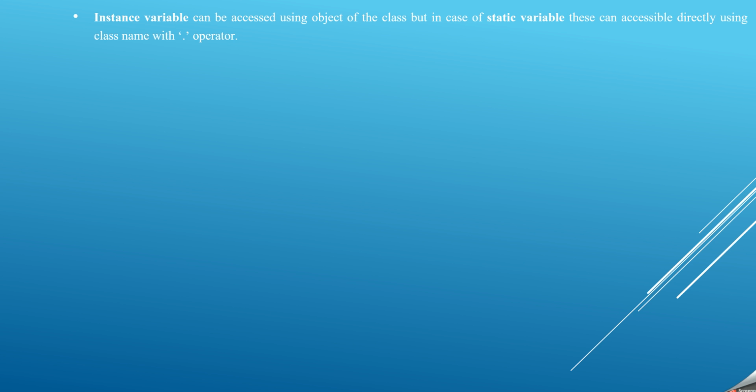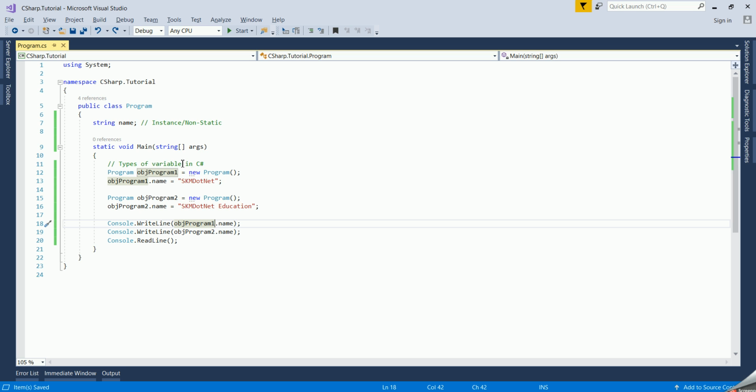An instance variable can be accessed using the object of the class, but a static variable can be accessed directly using the class name with the dot operator, or maybe directly. An instance variable gets instantiated every time an object is created. Let's suppose there is a name, as we were discussing in our last program. Let me show you.